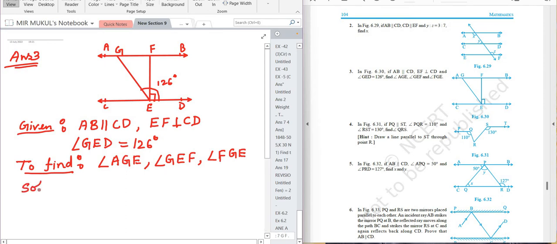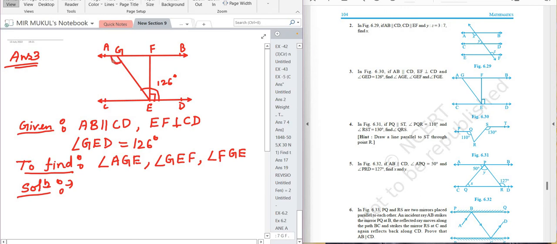Now its solution. Tell me, if this angle we know, then first which angle will we get? GEF will get. GEF. Okay, and AGE how will we get?